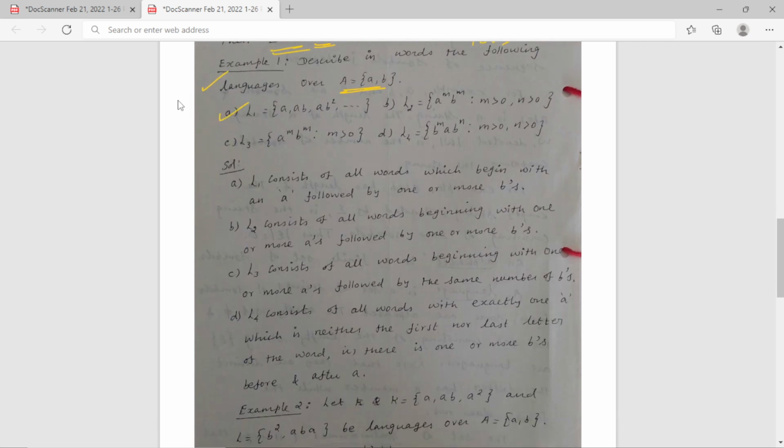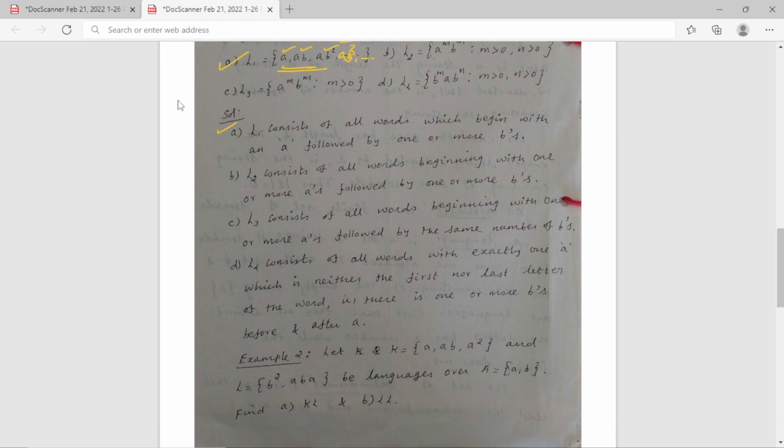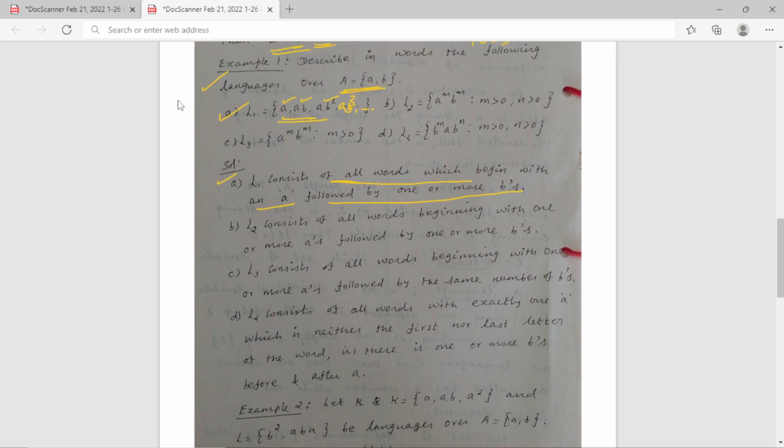The first language, L1, consists of the set of all strings of the form ab square, then ab cube, etc. How are we going to describe this language in words? L1 consists of all words which begin with an a followed by one or more b's. This is how we have to describe a language.